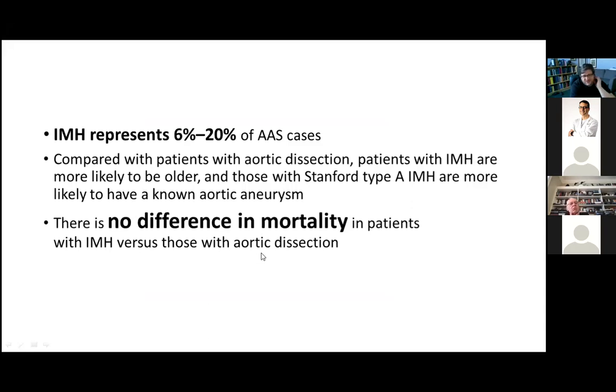IMH represents a significant proportion of acute aortic syndrome cases. Some distinguishing features in general are that patients with IMH tend to be older, with more atherosclerotic disease and less true aneurysmal disease, whereas those with type A dissection tend to have more aneurysmal disease.